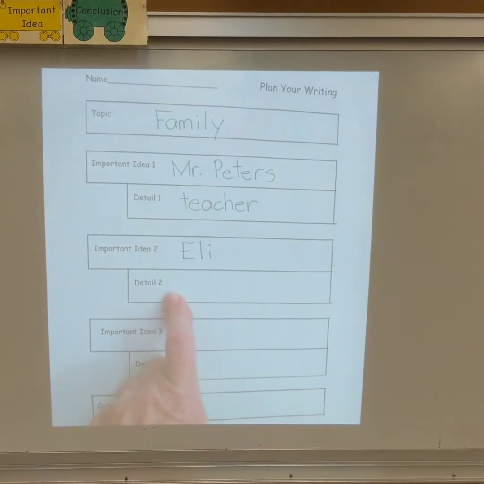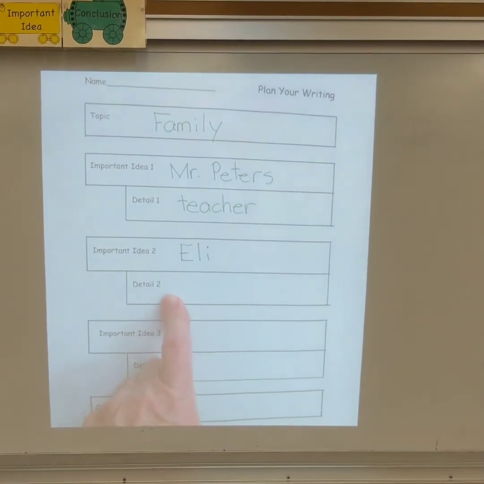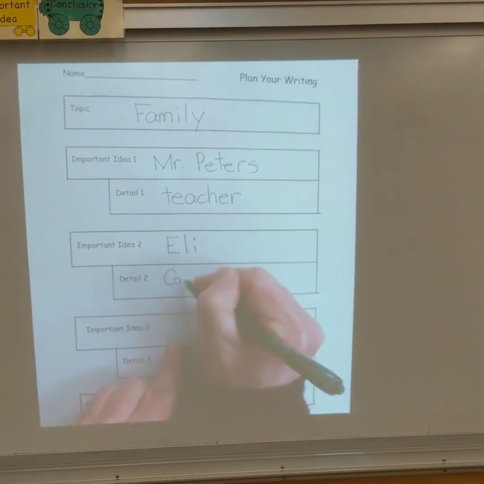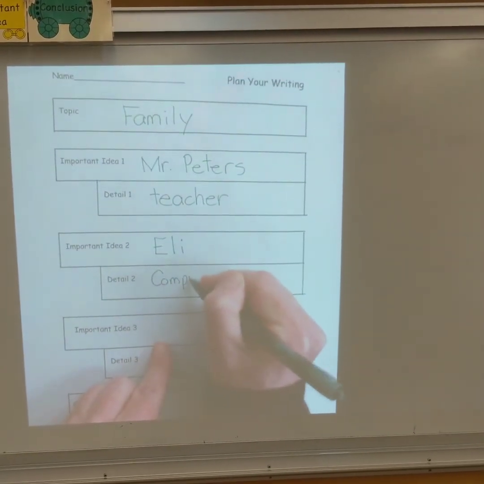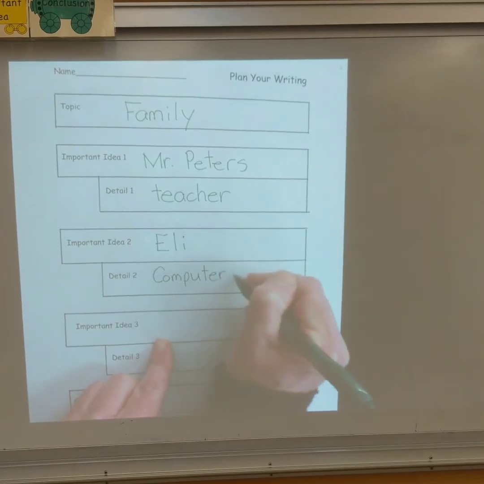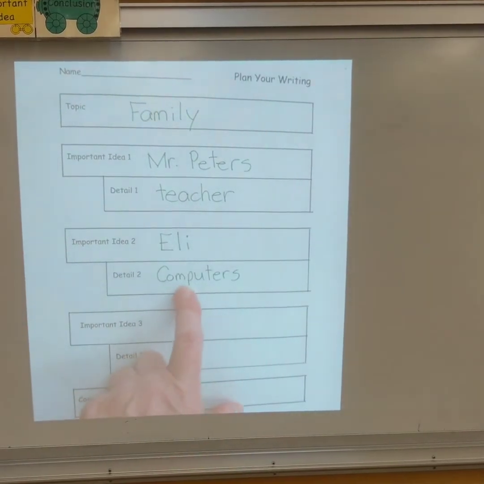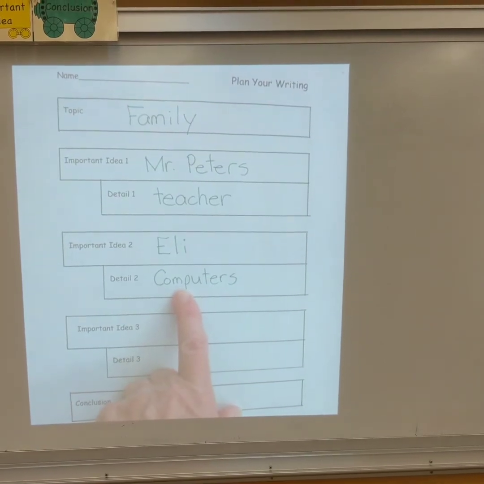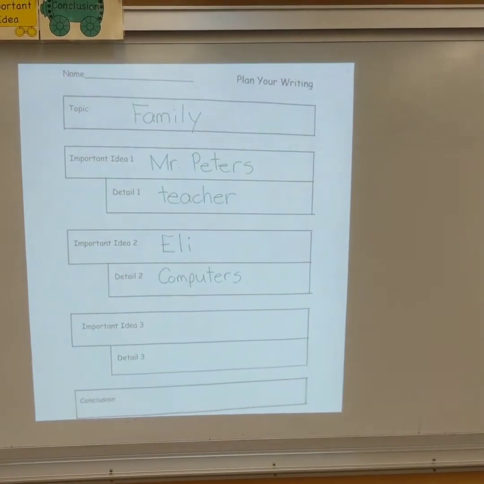Oh, about a cajillion things, but I'm going to choose just one. I'm going to write the word computers because he is super knowledgeable about computers. So I'm going to write the word computers. That's going to be my detail that I can tell about Eli later.